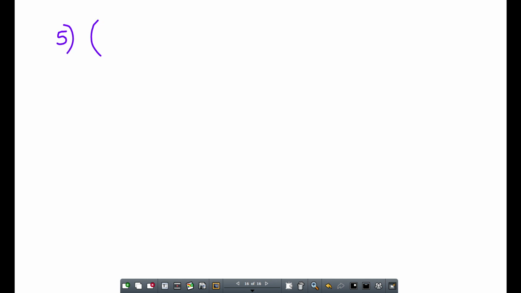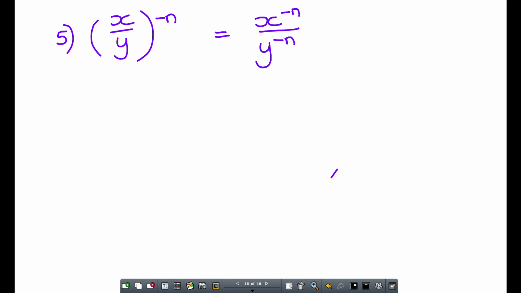Okay, last one. If I give you x over y, so it's a fraction, and then to the power of negative n. Now, we said that when we have a fraction and a power outside the bracket, it means that exponent applies to everything inside. So it's the same as x to the power of negative n over y to the power of negative n. But now we don't want negative exponents. Both of them are already negative.